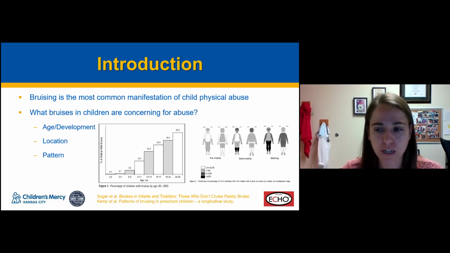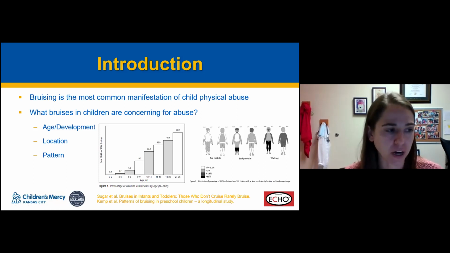Findings from more recent studies have also been consistent with this and added to our knowledge. One example is Kemp and colleagues, who studied patterns of bruising in young children. They had excluded abuse, and they had actually recruited kids from well child clinics and in the community and had parents document bruising on body diagrams over a period of weeks. This figure here on the far side is from their study.